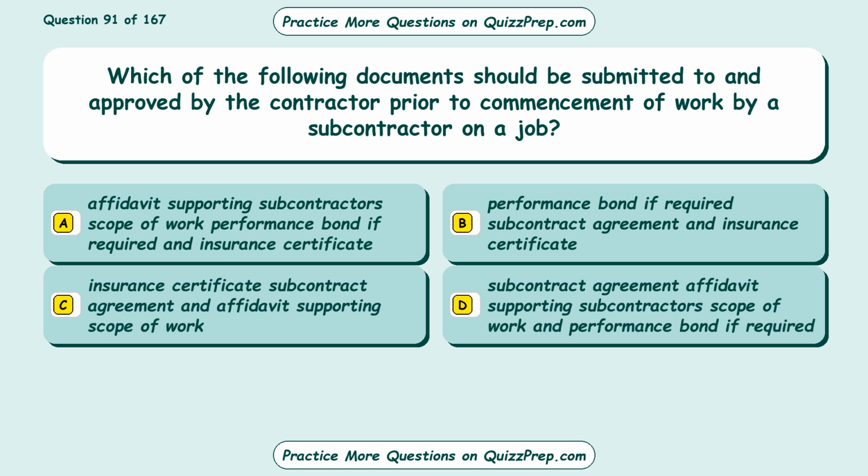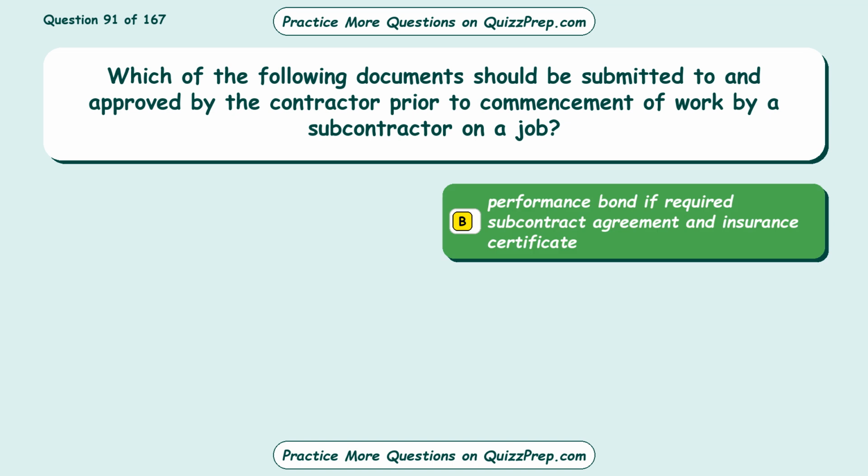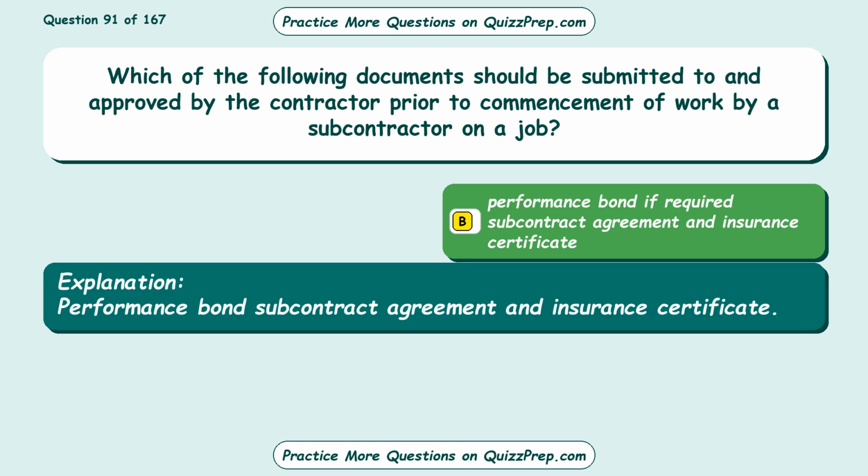Option C, insurance certificate, subcontract agreement and affidavit supporting scope of work. Option D, subcontract agreement, affidavit supporting subcontractor's scope of work and performance bond if required. The correct answer is option B, performance bond if required, subcontract agreement and insurance certificate.